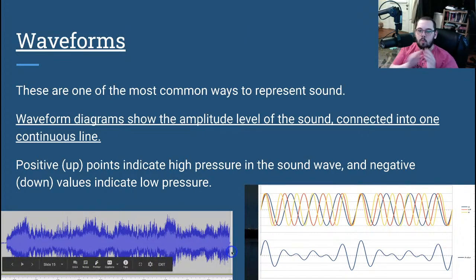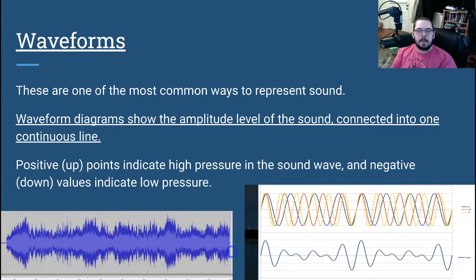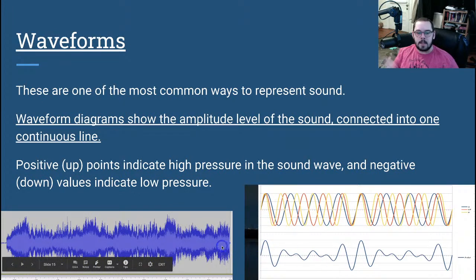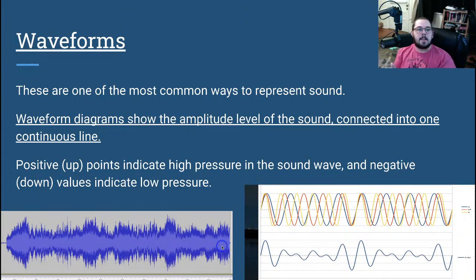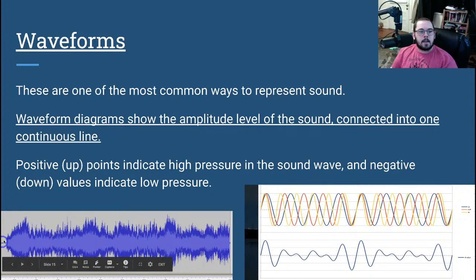It's just really zoomed in and stretched out. If you were to zoom way in on this diagram, it would look more like this one, but we've just condensed several minutes of sound into that range, so it looks like you've probably seen this before. And again, you get the positive and negative values, is how it's referred to.